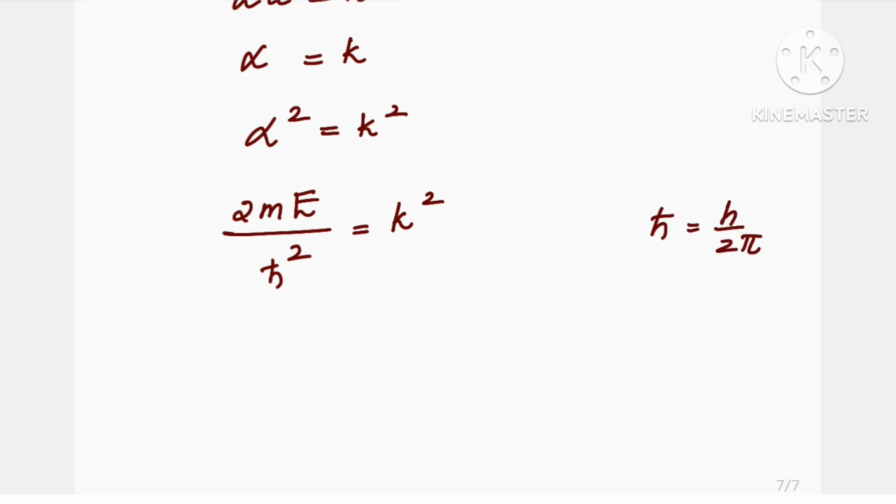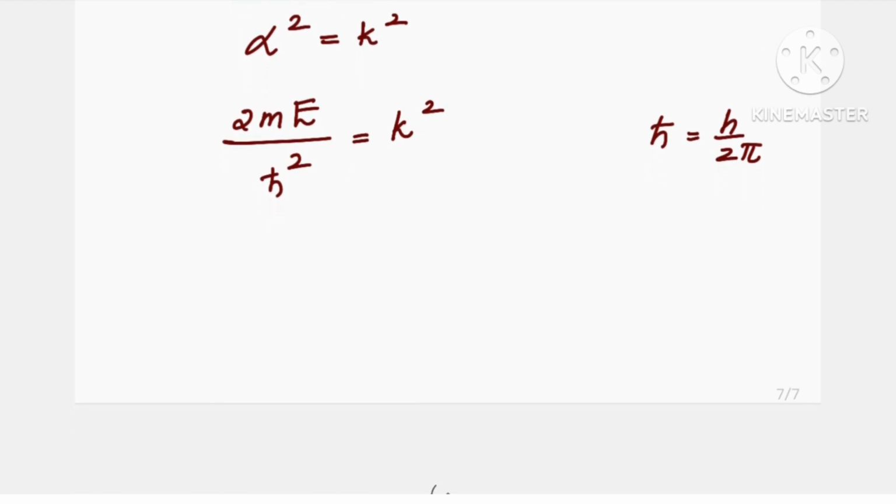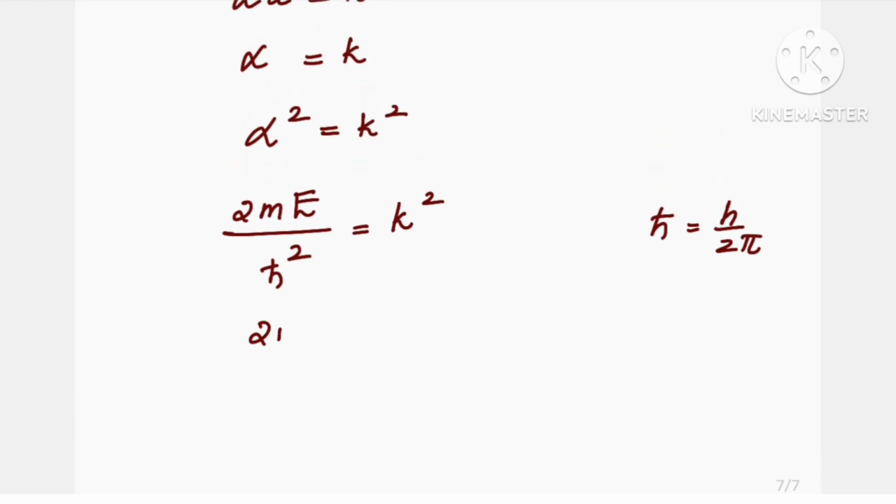Substituting this value in the equation, we can write 2mE divided by, for h cut, h by 2 pi, the whole square, is equal to k square.